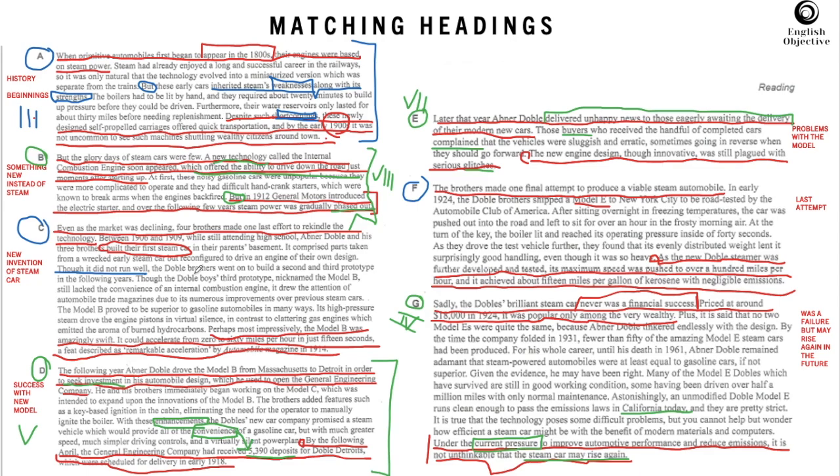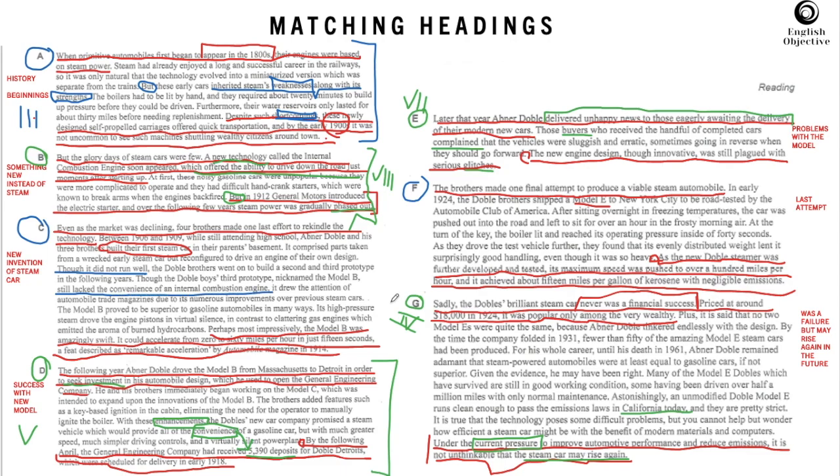The Doble brothers went on to build a second and third prototype in the following years. The Doble boys' prototype, nicknamed the Model B, still lacked the convenience of an internal combustion engine.